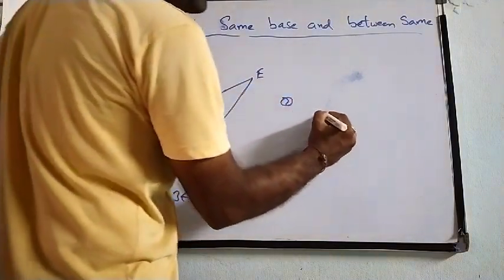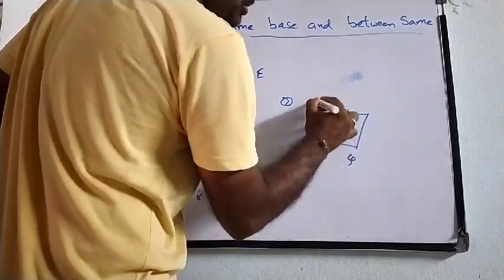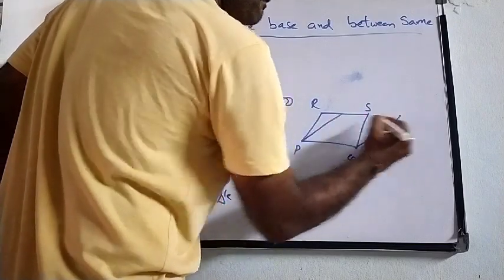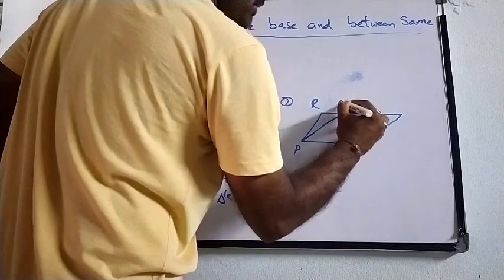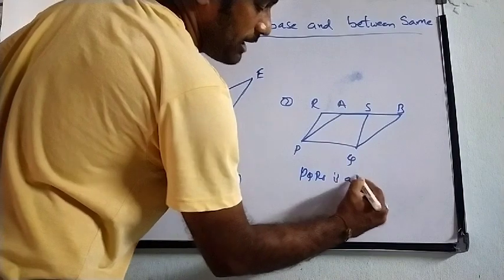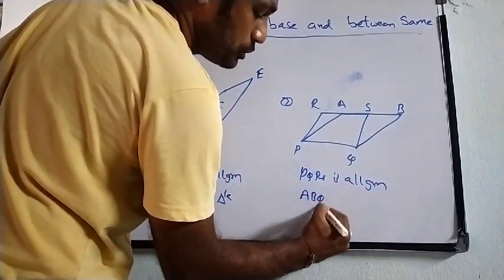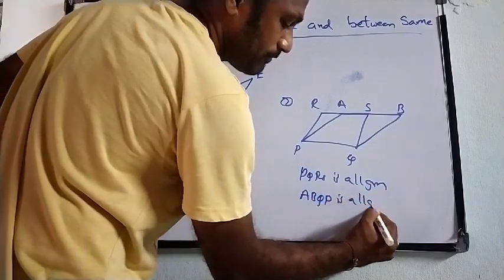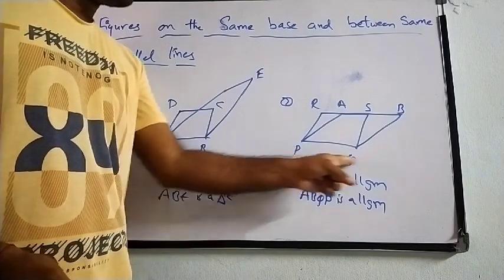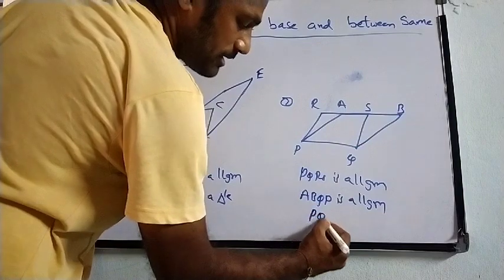Second type of figure, let us take PQRS. Here PQRS is a parallelogram and ABQP is also a parallelogram, and moreover they are having the same base PQ and they are between the same parallel lines PQ and RS.